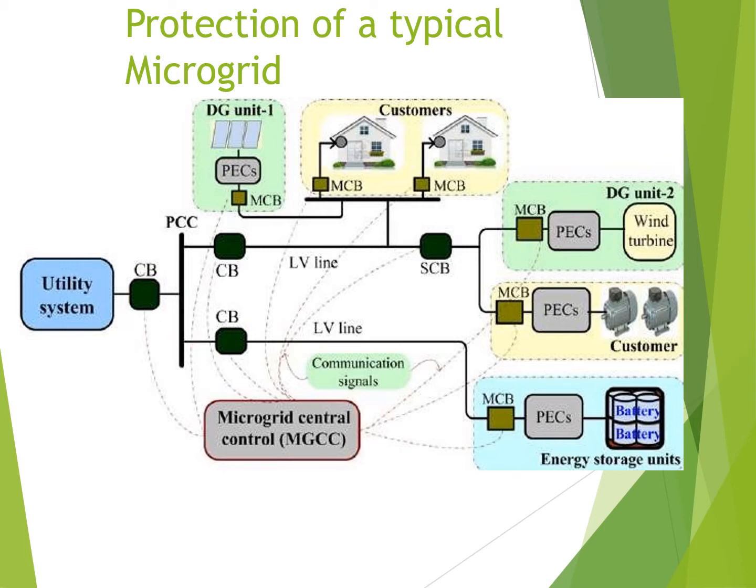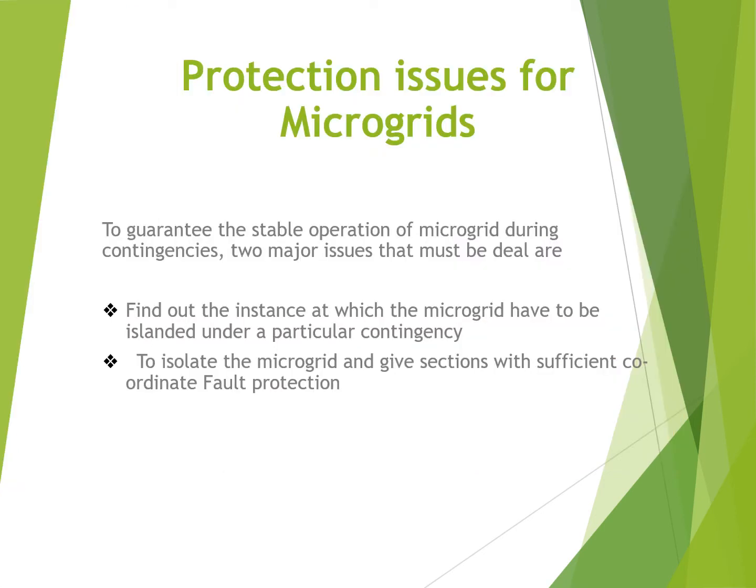To guarantee the stable operation of a microgrid during contingencies, two major issues must be dealt with. We need to find the instant at which the microgrid has to be islanded under a particular contingency, and to isolate the microgrid into sections with coordinated fault protection.